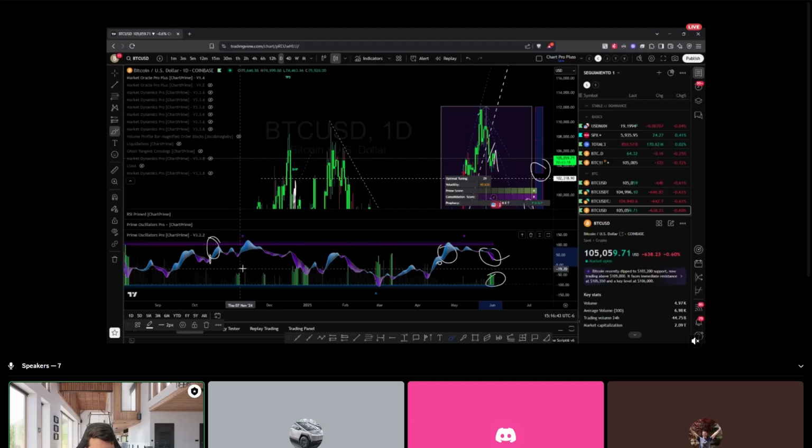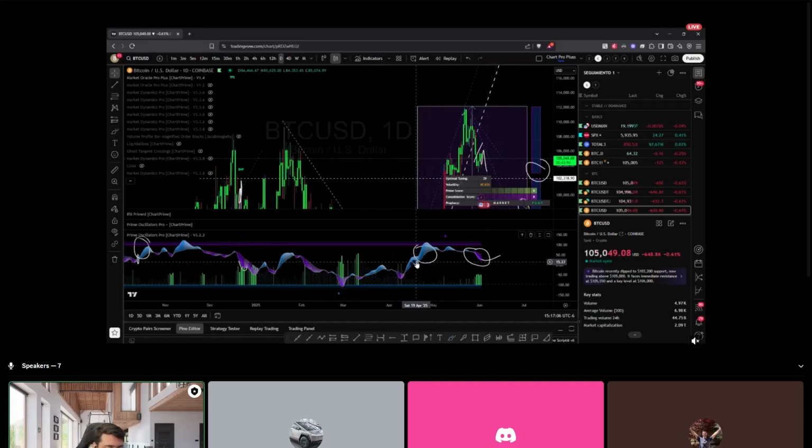But when we're looking at purple, we're looking for these kinds of bellies, and it seems like we are forming that belly. Not only are we looking for that belly, we're also looking for some bars right down here, bright green bars down there, because that tells us when it's time to start DCAing.